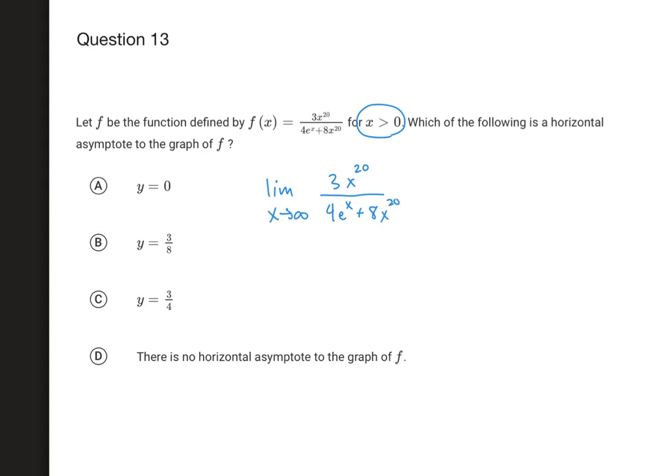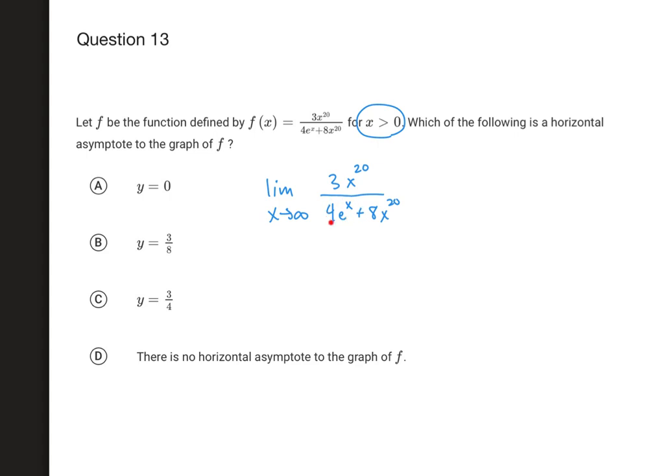The big thing is this exponential in the bottom. A lot of times you learn top heavy, bottom heavy, the same concept only for polynomials, but you can apply that to any function that's a fraction. When x goes to infinity in the bottom, this exponential will at some point start to increase.